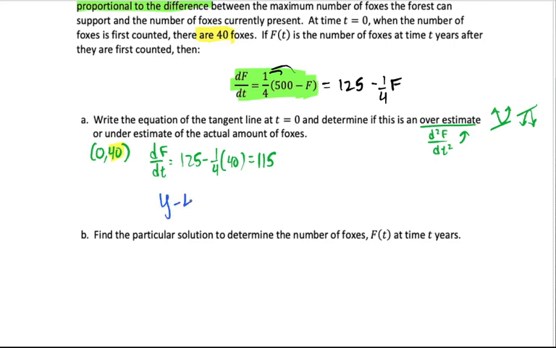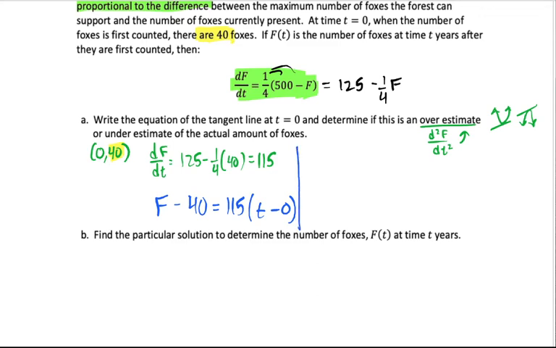So I have y minus 40. Oh, I should not use y. We're using the letter f here. What's wrong with me? f minus 40 equals our slope, which was 115, and then t minus 0, which we could 100% simplify and make look nicer, but let's just not bother, okay?